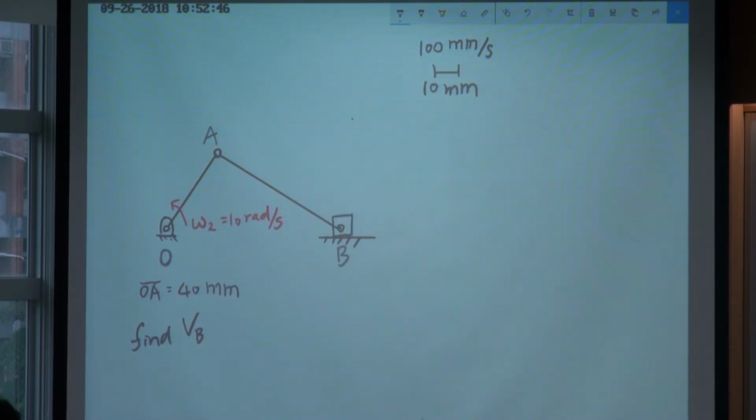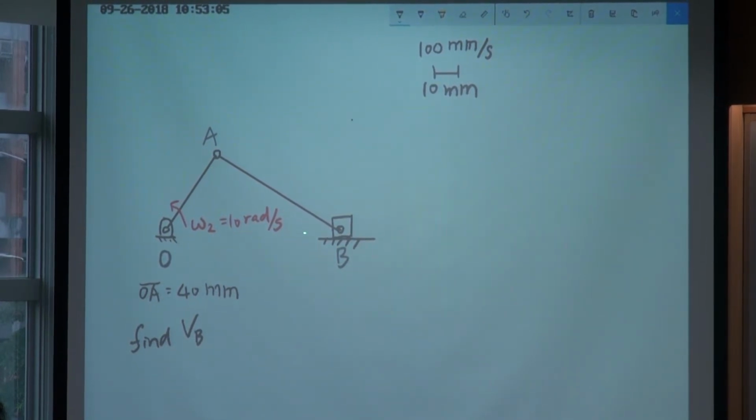So this time the value of omega-2 is given, and we'll just directly measure the length of this link so we can get the velocity. Right now omega-2 is given as 10 radian per second, and I already measured the length of OA as 40 millimeter.